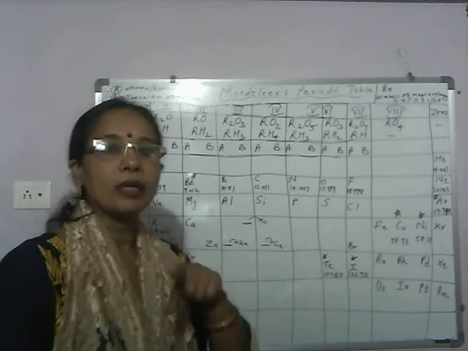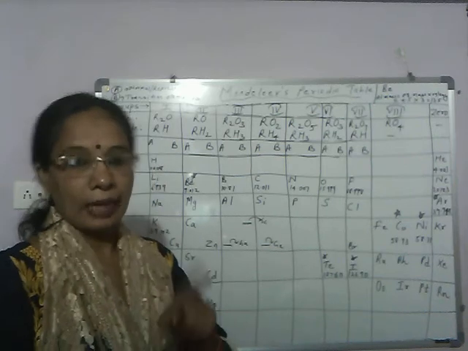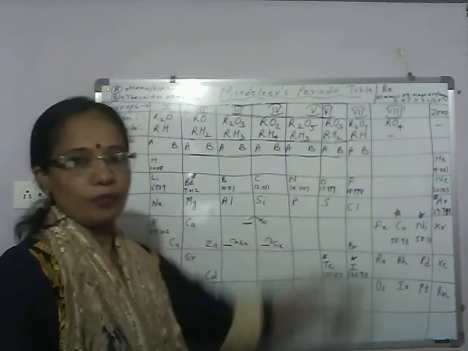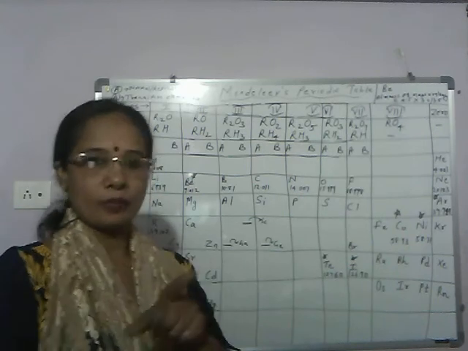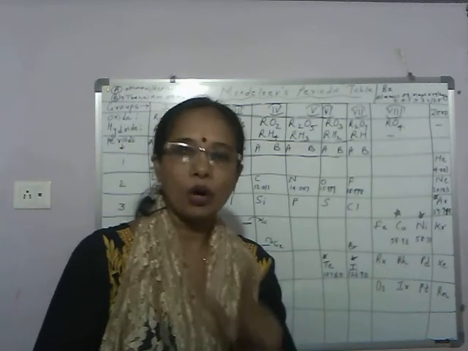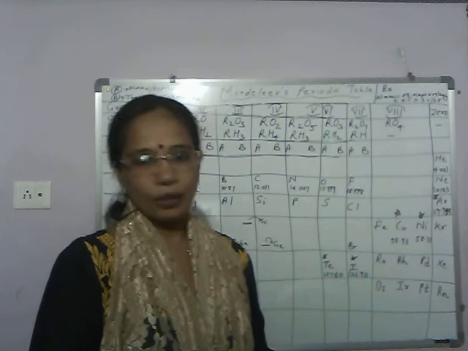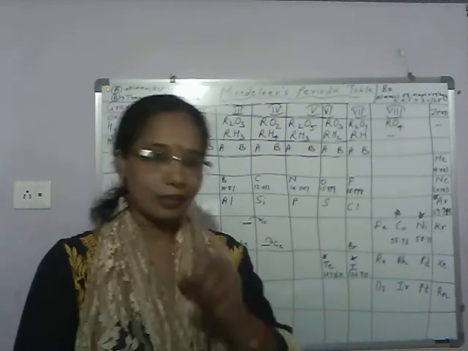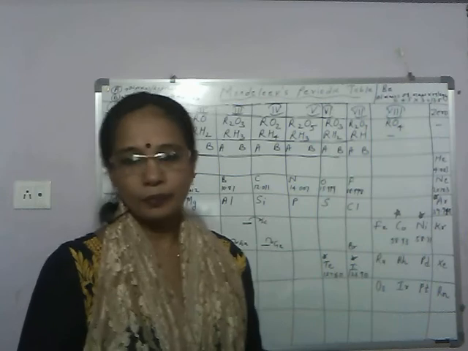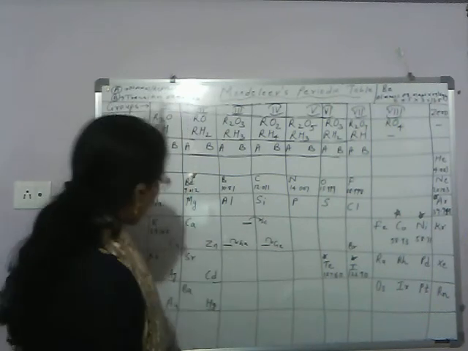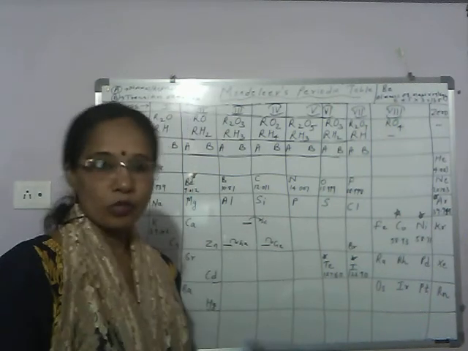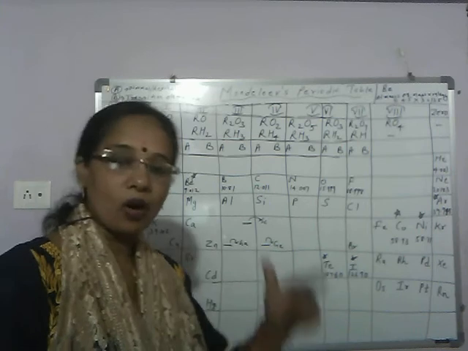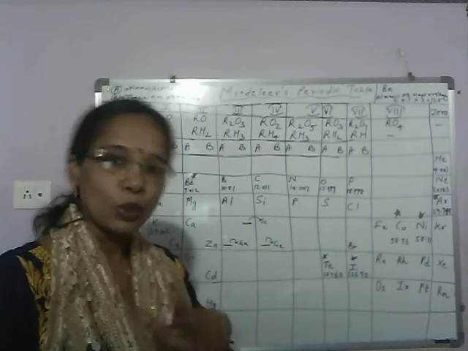Vertical columns in the periodic table are called groups. In Mendeleev's periodic table, how many groups are there? It is important. 8 groups. And vertical columns are called groups. This is also asked, what are groups? Vertical columns in periodic table are called groups.